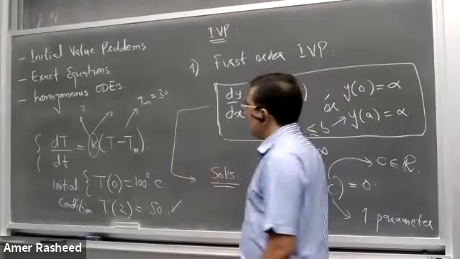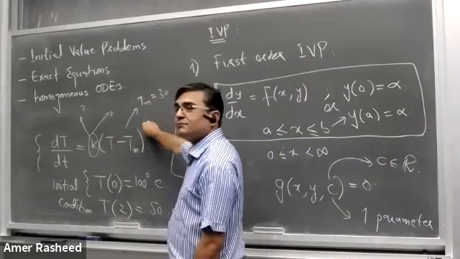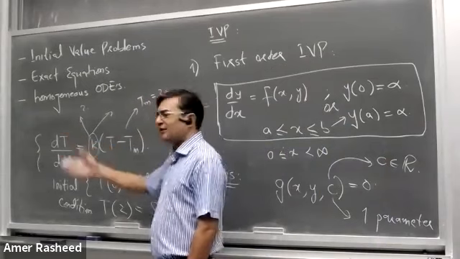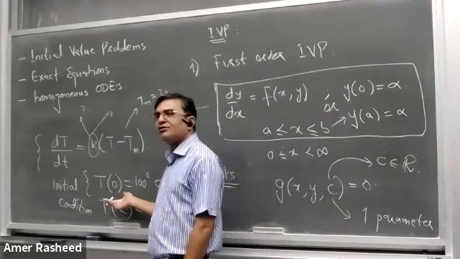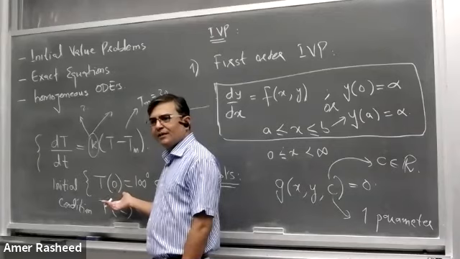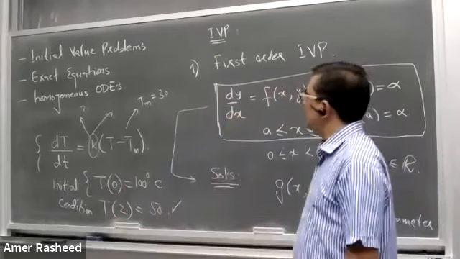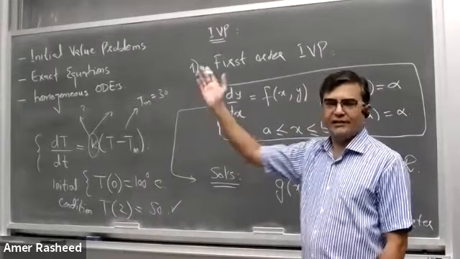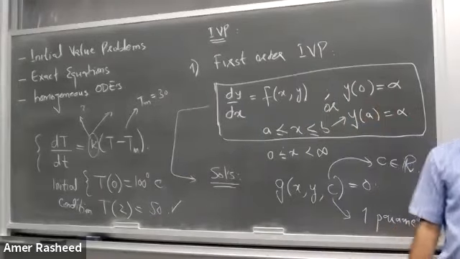So now repeat this problem. You are not given k. Find that k with the help of this condition, and find that constant c with this condition, and then try to find the solution or the temperature of this phenomenon, whatever it is. I hope you get it. If you have any question, you can ask me.